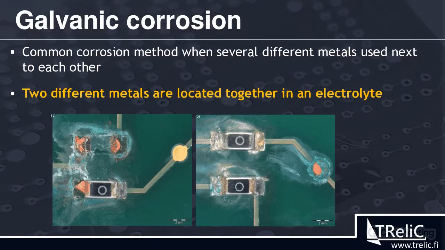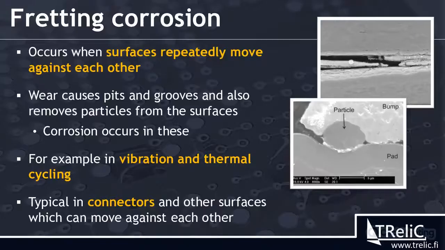Sometimes there are ways to prevent it, but sometimes you just cannot do that, and then you need to check whether it is a problem or not. So this is common in electronics, where we use lots of different metallic layers on top of each other. They're a very common corrosion method.